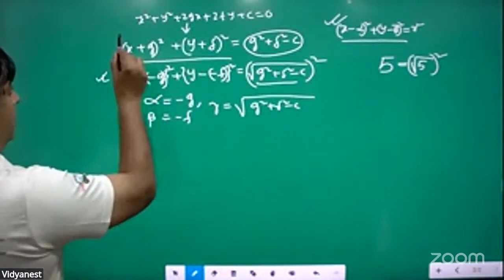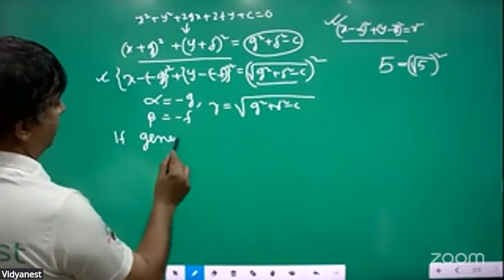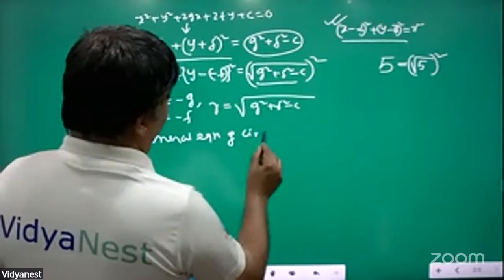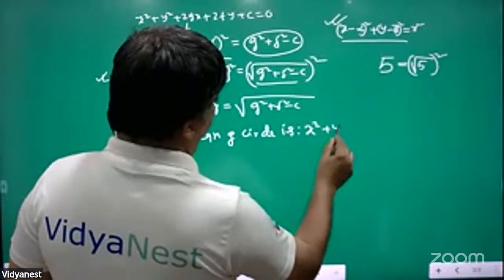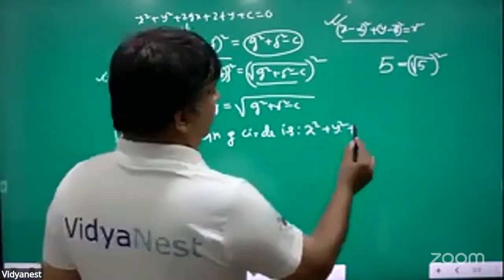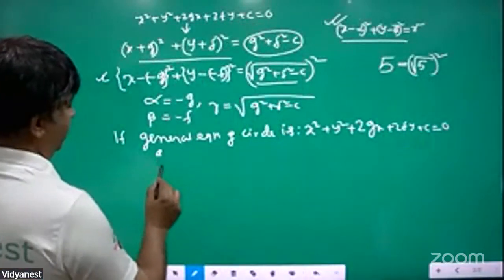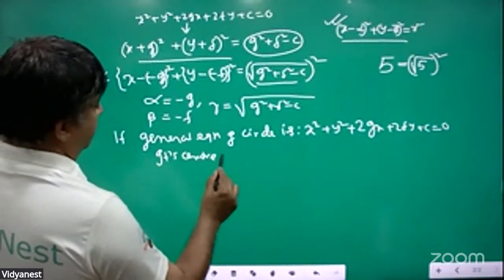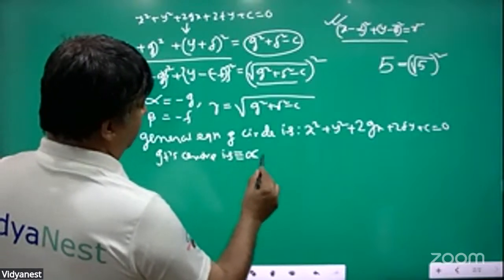So if the general equation of circle is x square plus y square plus 2gx plus 2fy plus c is equal to 0, its center is alpha beta.